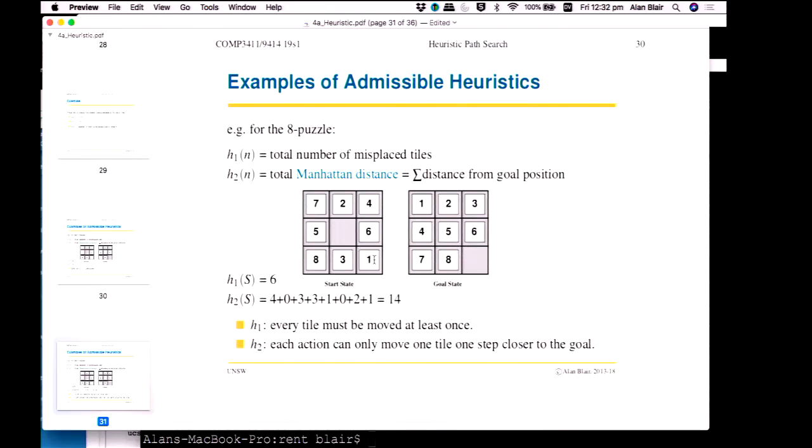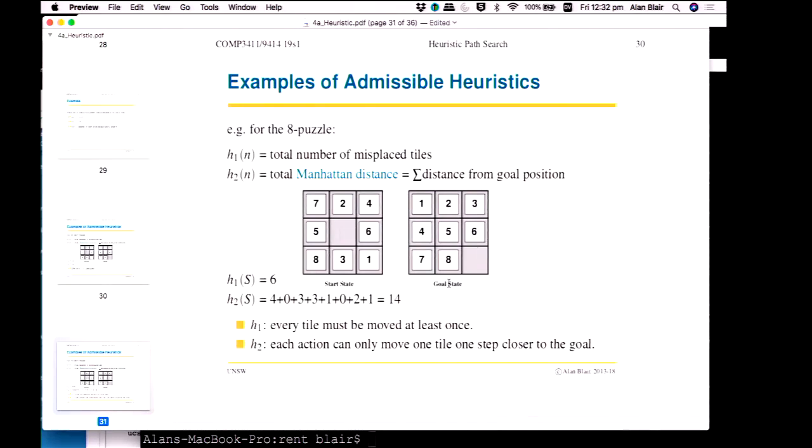So the 1 has to move at least 4 times, the 2 is in its correct position, and the 3 has to move at least 3 times. If you calculate for all of these tiles, you can deduce that at least 14 moves must be required in order to solve the puzzle.